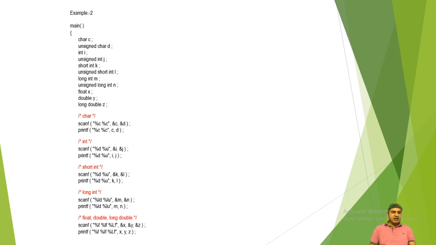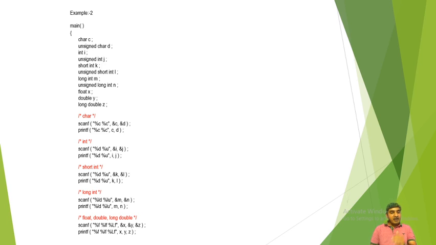Now we have to display the long integer on the screen. The scanf function is again an input function. Our input is m and n. M is a long integer and n is an unsigned long integer.